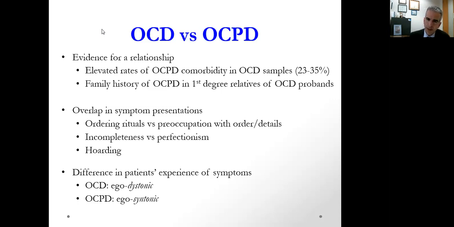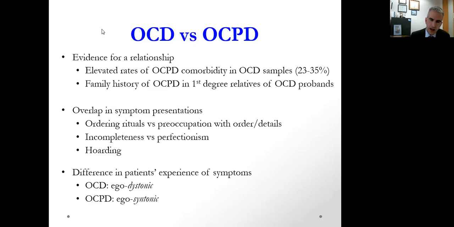There's an overlap in the symptom presentations, which can make it difficult to differentiate the conditions. Ordering rituals in OCD, meaning an individual with OCD who needs to order or arrange things in a very particular way, can look like the preoccupation with order or details that you see in OCPD.